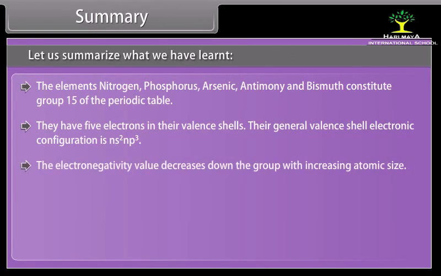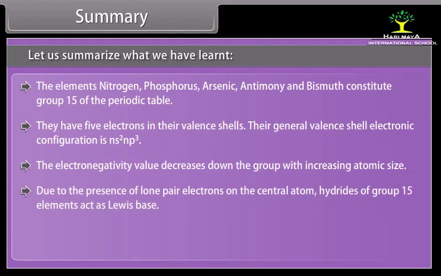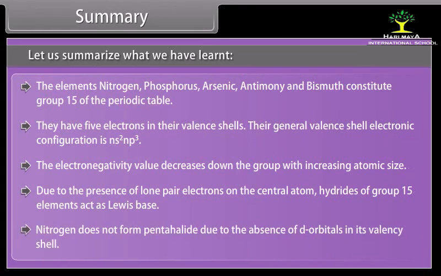The electronegativity value decreases down the group with increasing atomic size. Due to the presence of lone pair electrons on the central atom, hydrides of group 15 elements act as Lewis base. Nitrogen does not form pentahalide due to the absence of d orbitals in its valence shell.